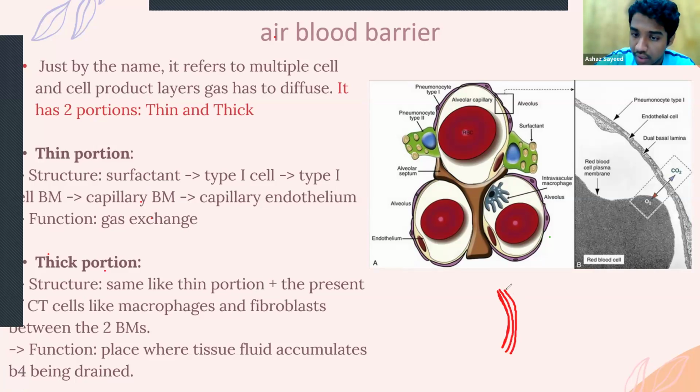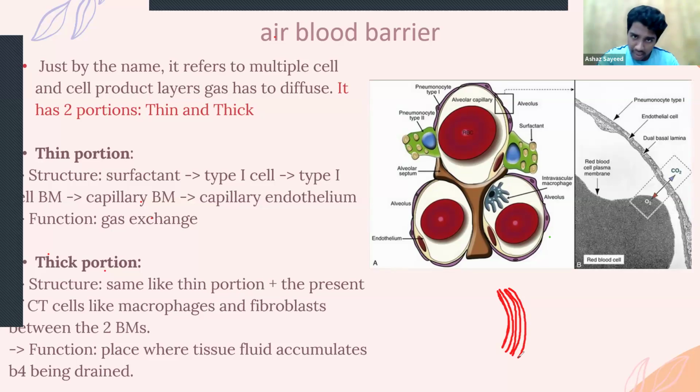After this you have the capillary basement membrane, and most often these two basement membranes are fused on each other. After this you have your capillary endothelium. This is how it goes, and the function is gas exchange.